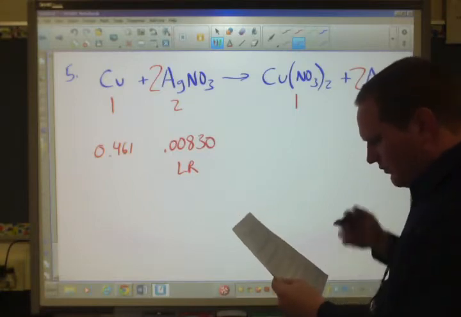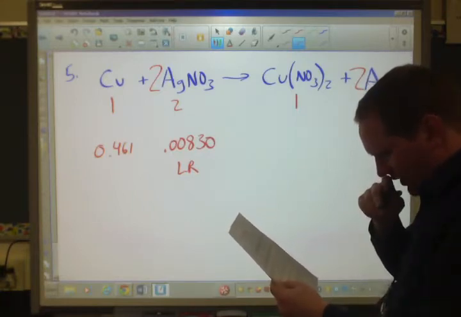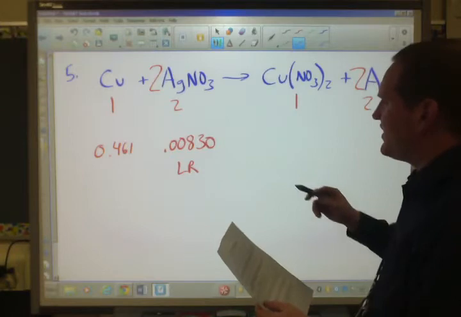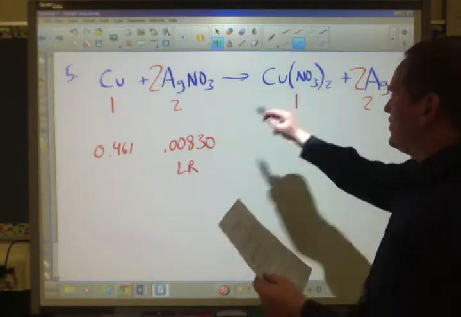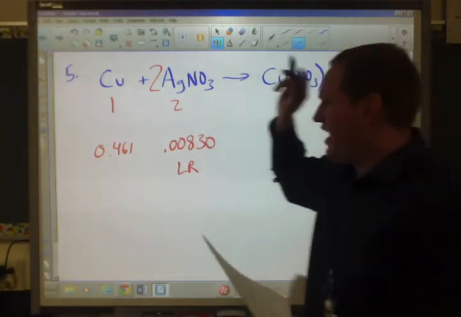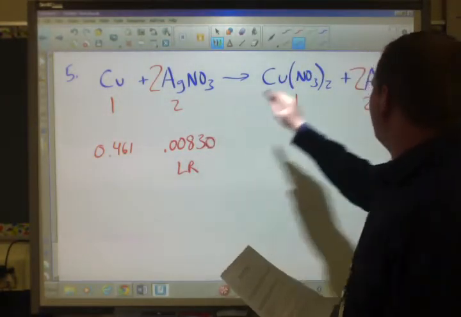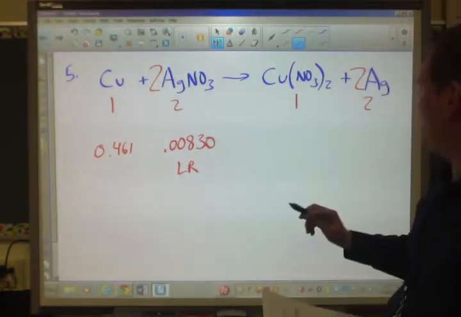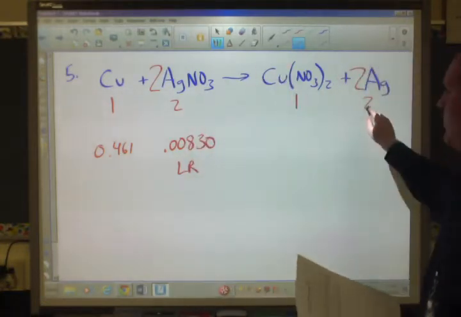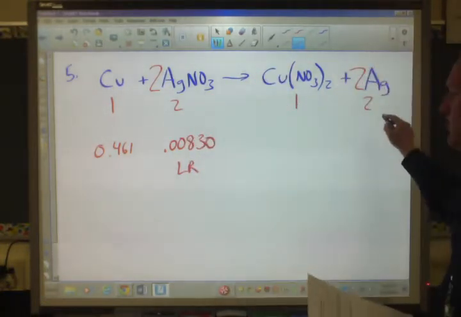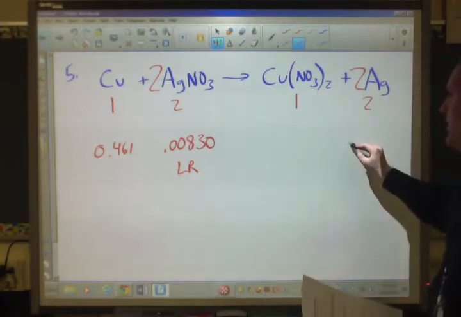So eventually we need the percent yield. Now we need to see what mass of silver this would have produced. So we need to find our mole ratio here, and this is actually easy. 2 moles to 2 moles tells us it's a 1-to-1 mole ratio, so I'm just going to copy this number right down here.